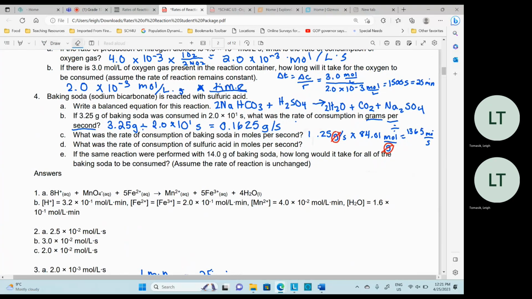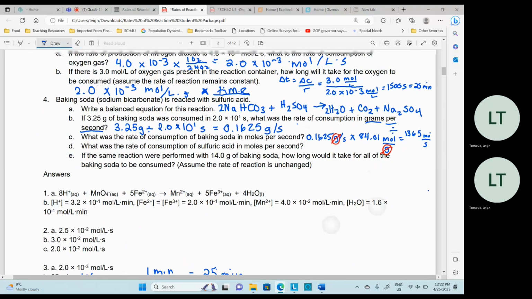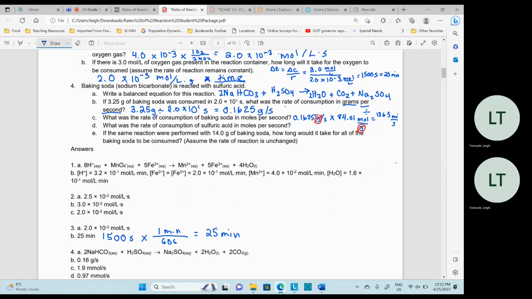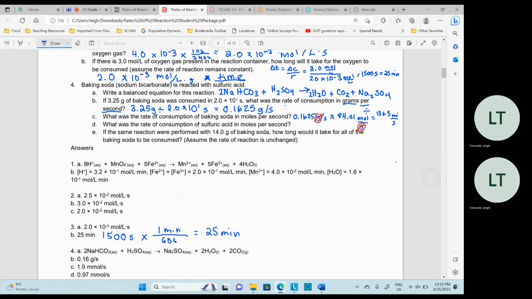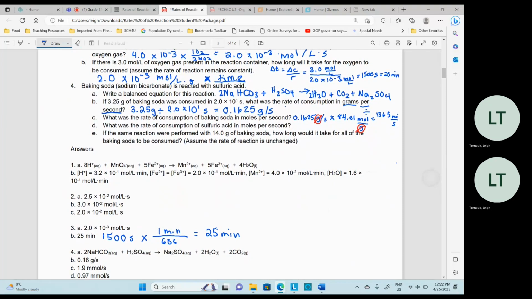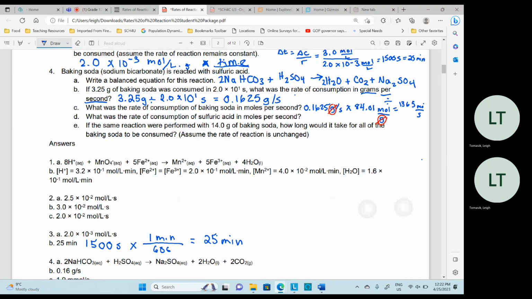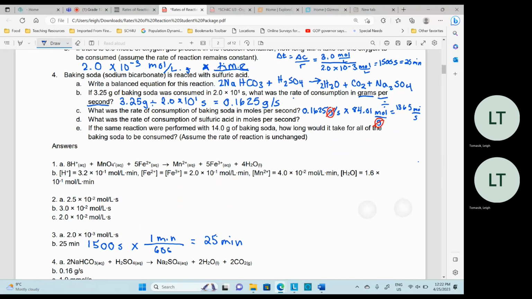Okay, so we need to change this to 0.1625. And then we need to multiply that by 84.01. And I get what was the rate of consumption of baking soda in moles per second? That should work.